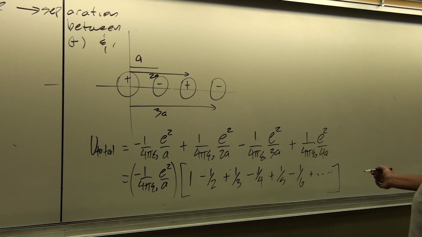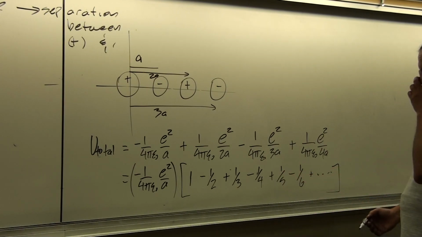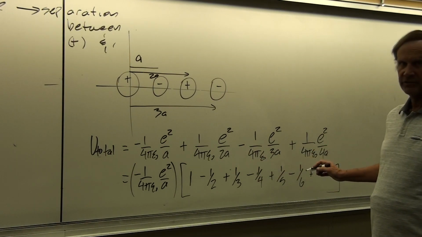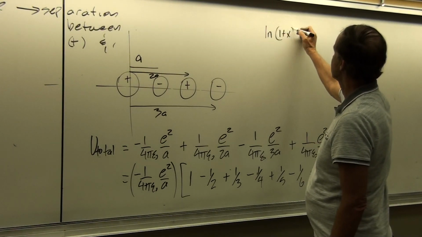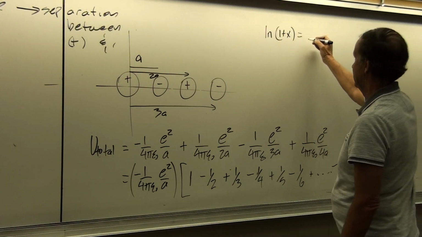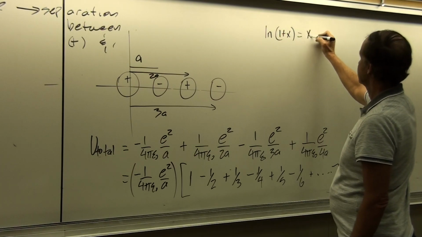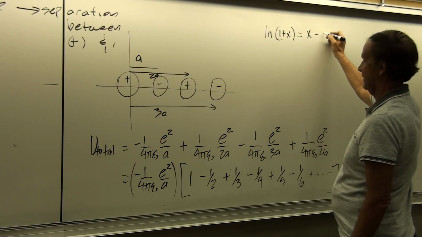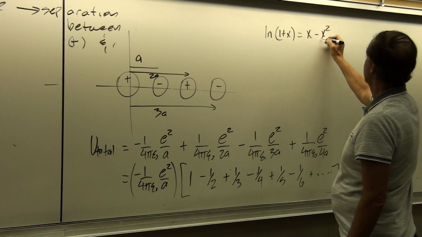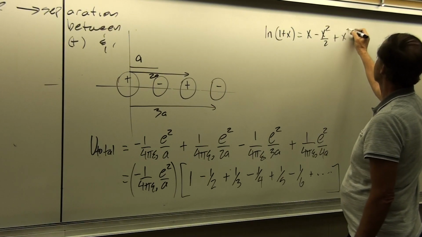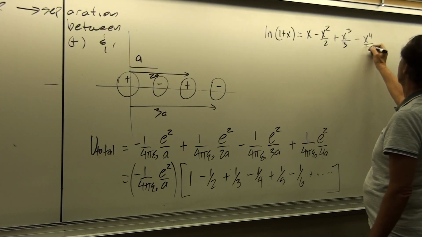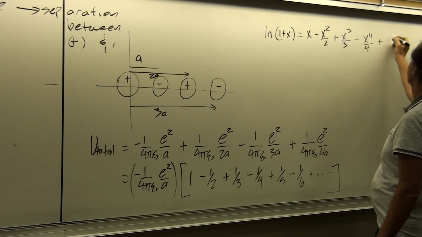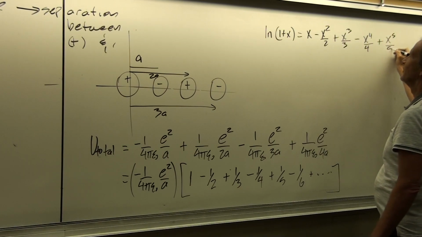But this is a convergent infinite series, and this converges to the natural log of 2. Because the log of 1 plus x is equal to x minus x squared over 2 plus x cubed over 3 minus x to the 4th over 4 plus x to the 5th over 5.